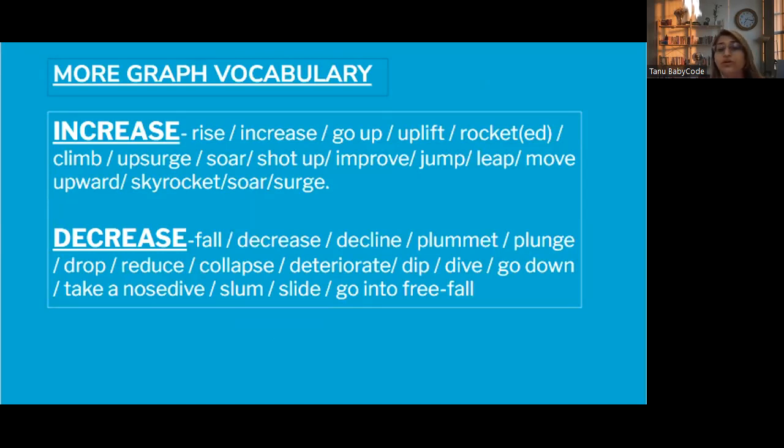And when you want to talk about a decrease: fall, decrease, decline, plummet, plunge, drop, reduce, collapse, deteriorate, dip, dive, go down, take a nosedive, slump, slide, go into free fall.